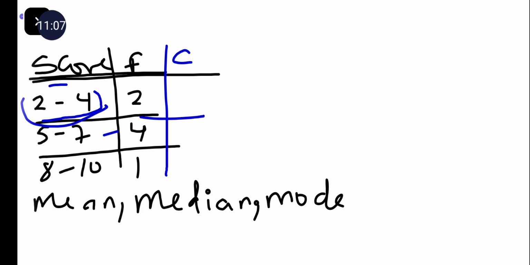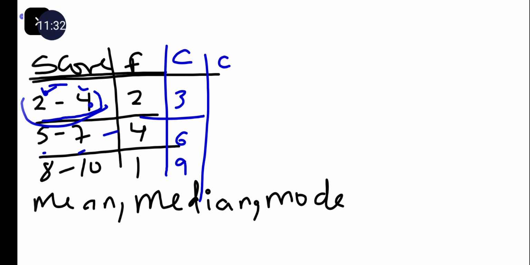For each class, the class center, we take the lower limit plus the upper limit divided by 2. So 2 plus 4 divided by 2, that's 6 divided by 2, 3. 5 plus 7, 12 divided by 2, 6. 8 plus 10 divided by 2, 9.